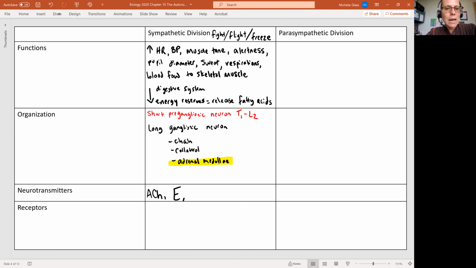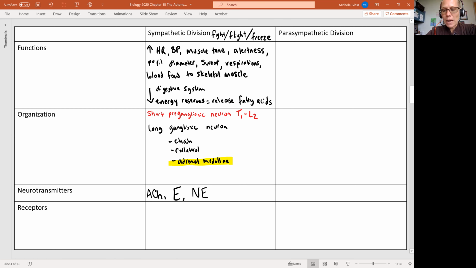And epinephrine can be abbreviated with a capital E. Now, epinephrine can also be referred to as adrenaline. So if you're familiar with that, that's what we're talking about. And then norepinephrine is the other key neurotransmitter that's part of our conversation in the sympathetic division. And we can abbreviate norepinephrine as capital N, capital E.